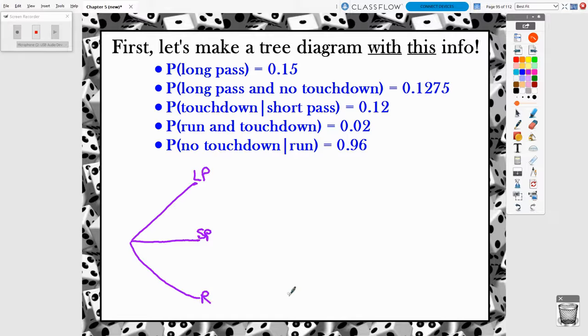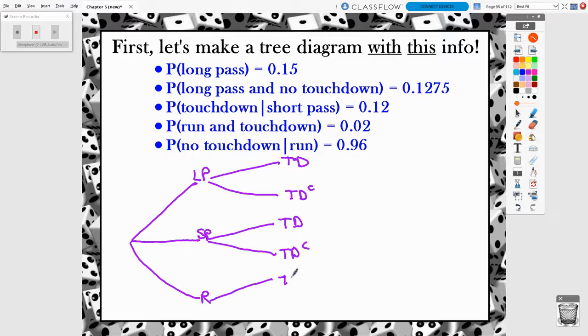Regardless of whether they do a long pass, a short pass, or a run, the resulting play either results in a touchdown or not a touchdown. Touchdown, complement. And if they throw the short pass, they're either going to score a touchdown or not. And if they run the ball, they're either going to score a touchdown or not.